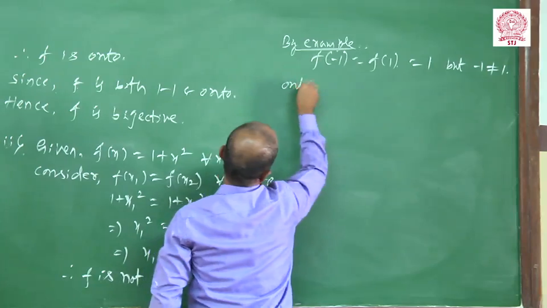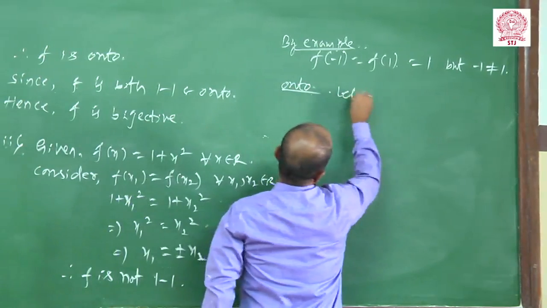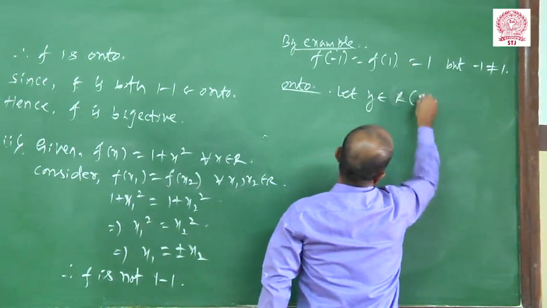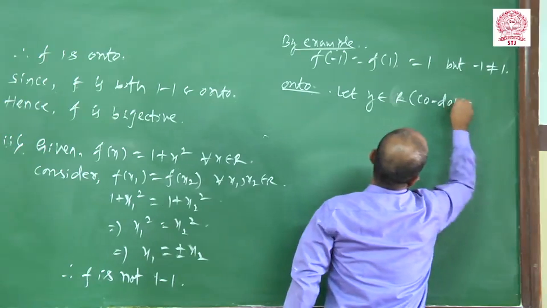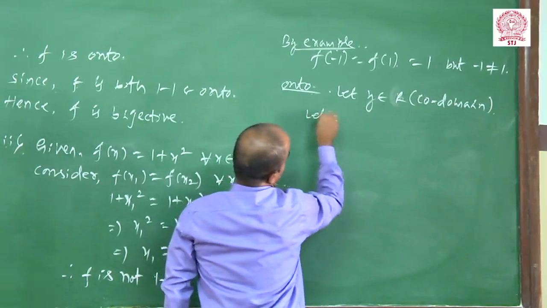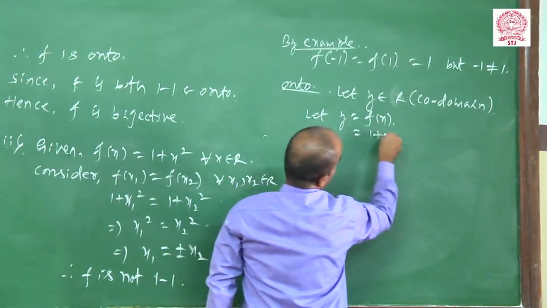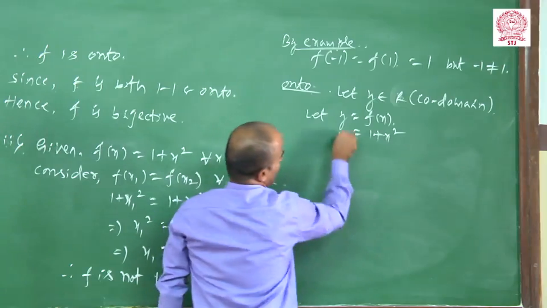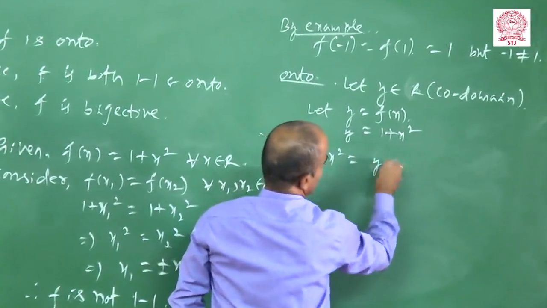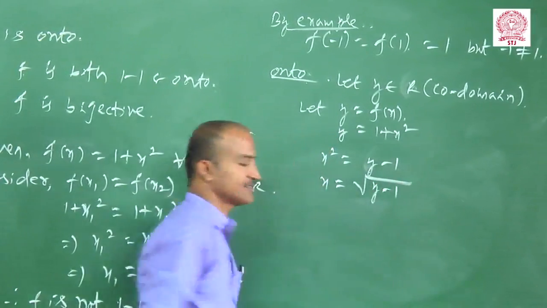Now for onto, let y belongs to codomain. Y belongs to R, where R is the codomain. Let y equals f of x, where f of x is 1 plus x square, and by that x square equals y minus 1, or x equals square root of y minus 1.